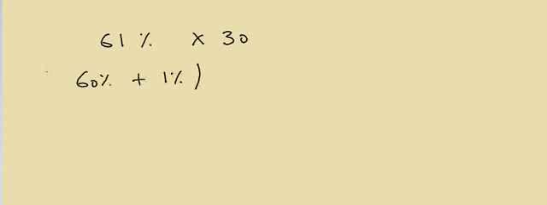Now when we are looking at more complicated numbers, for example, if I have 61% and I need to calculate 61% of 30, how will I do that? In that case, I can say 60% plus 1% of 30.